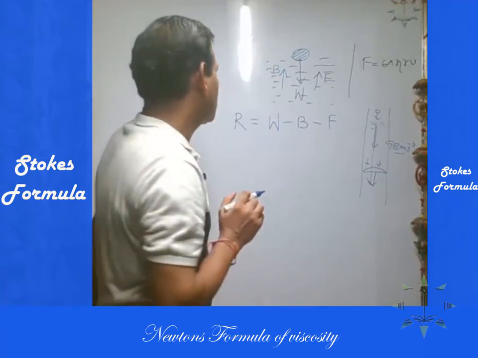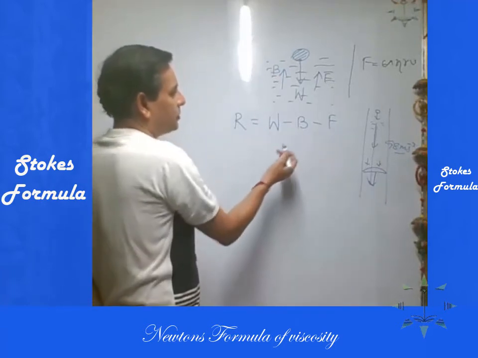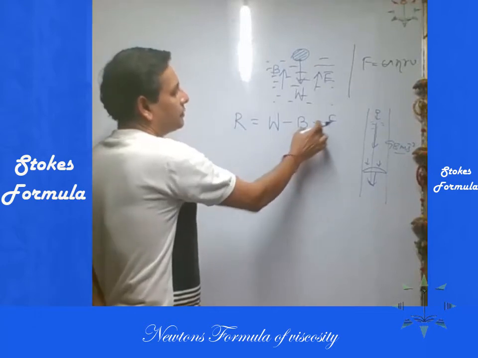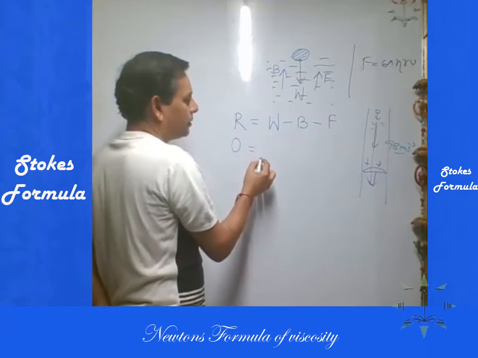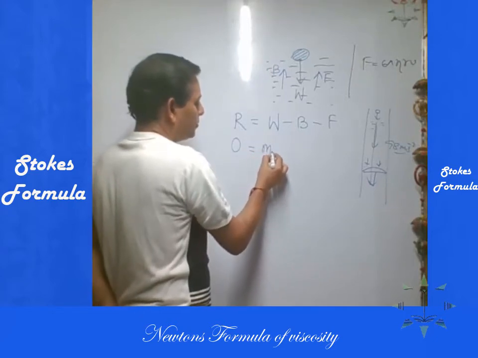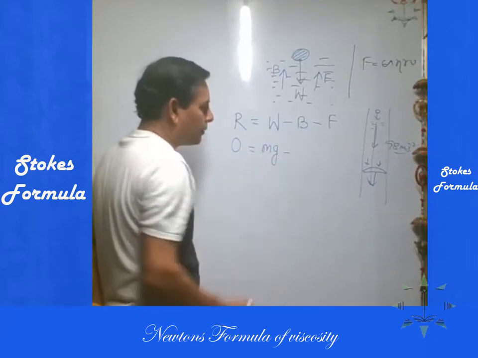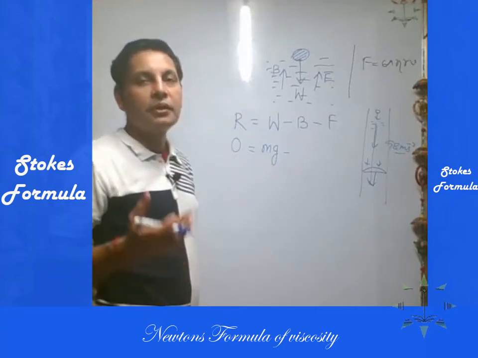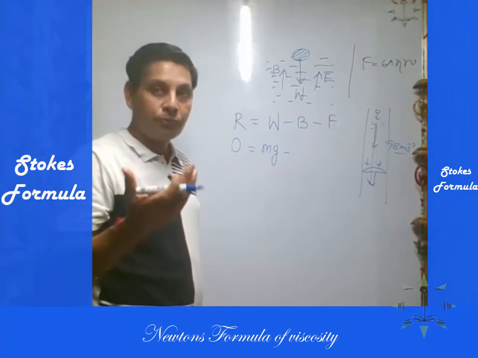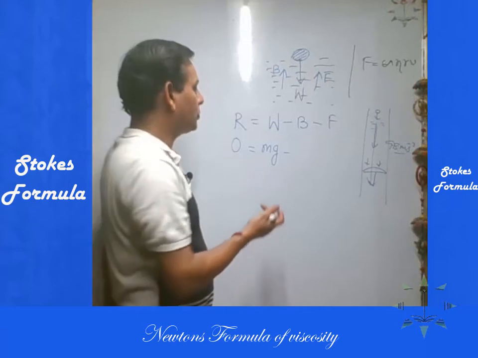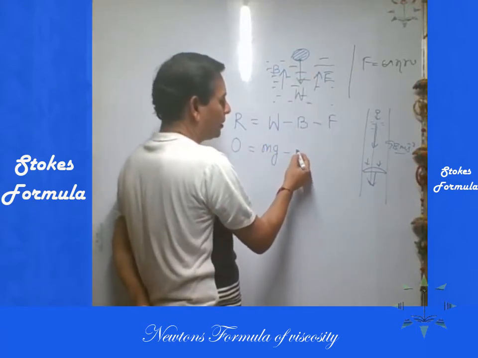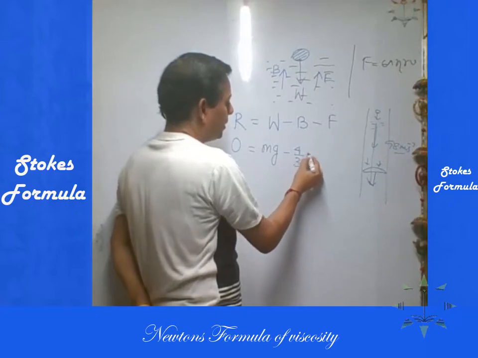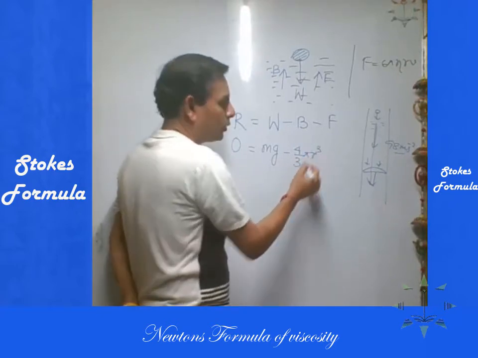Okay, so let us suppose at this juncture when this velocity is maximum, the resultant is zero. What is weight? Weight is mass into g. What is buoyant force? Buoyant force means the weight of an equal volume of fluid. If the sphere has a radius r, then 4/3 pi r cube is the volume.